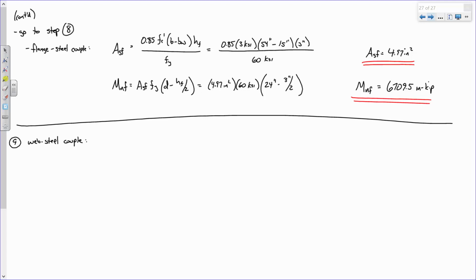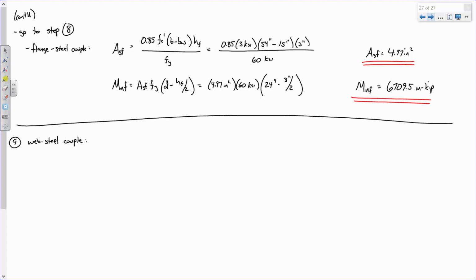So our nominal capacity is the nominal capacity of the flange couple plus the nominal capacity of the web couple, right? So factor everything. Phi MN's got to be greater than or equal to MU, right?